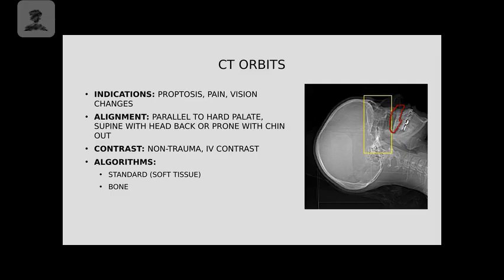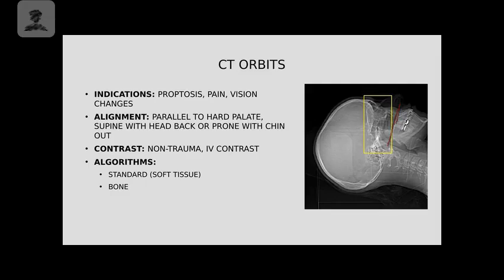If you put your tongue on the roof of your mouth, the anterior and then the middle portion is your hard palate. So we're trying to align basically to this line. This patient is not lined up correctly. However, we can tilt the gantry if necessary to get everything aligned better.